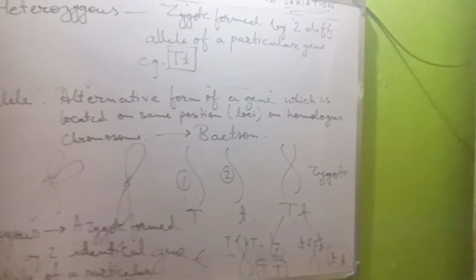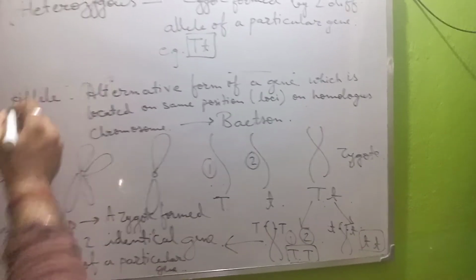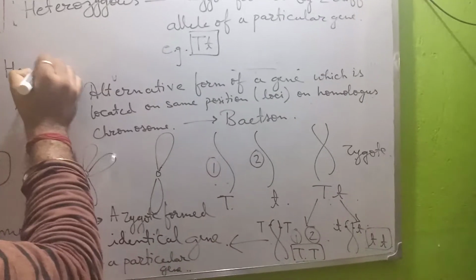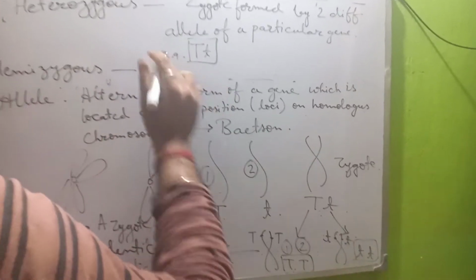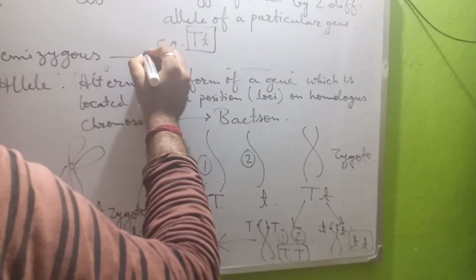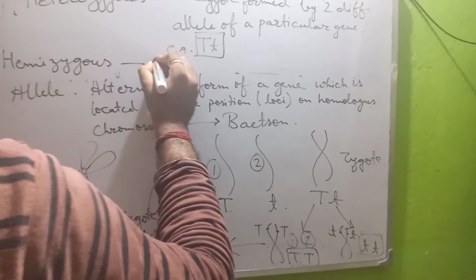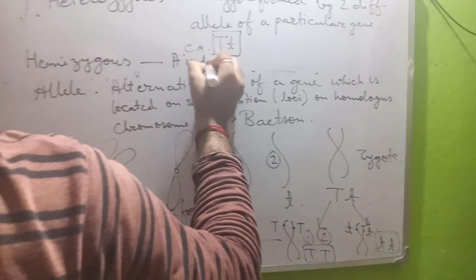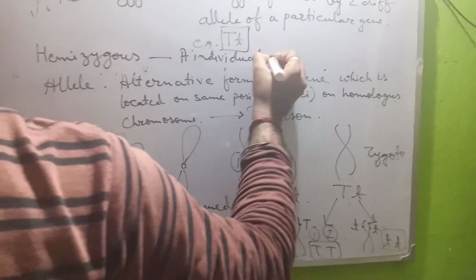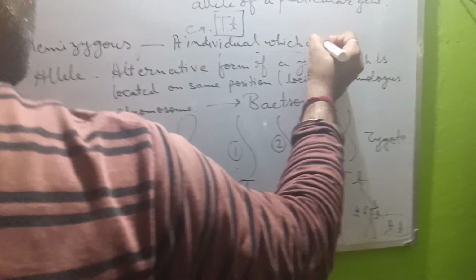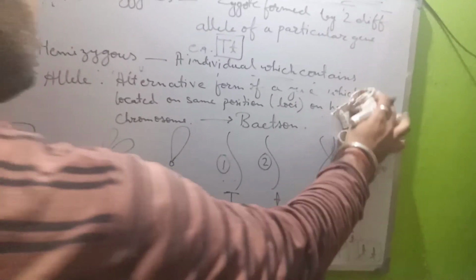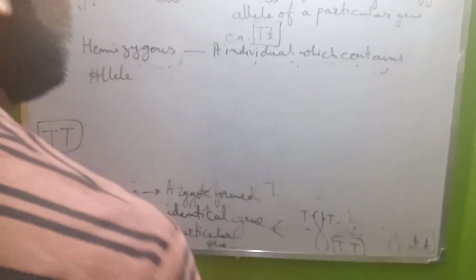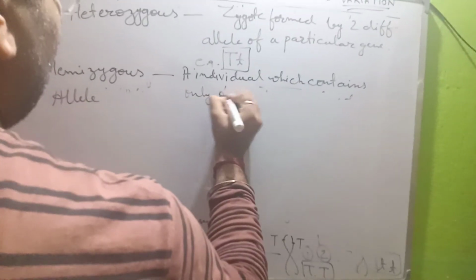Now apart from this, you will also come across a thing which many of the teachers or many of the students don't discuss actually, that is hemizygous. Hemizygous is an individual which contains only one pair of genes.